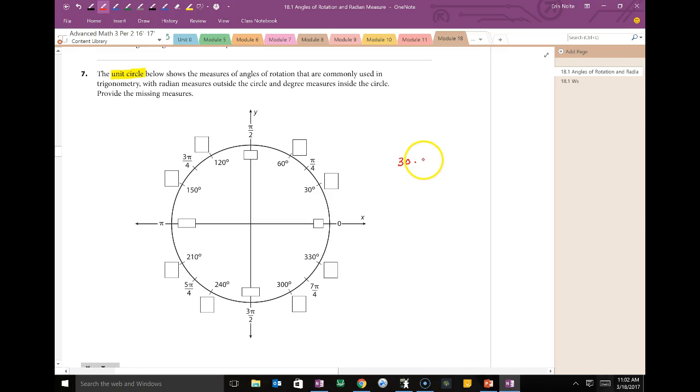If we multiply that by pi over 180, the zeros cancel, 3 goes into 18 6 times, so that would be equivalent to pi over 6. So this is pi over 6. I'm going to do the 30s first because I want you to notice something about this. If I was going to draw this terminal angle here, we could keep drawing each of these every 30 degrees.